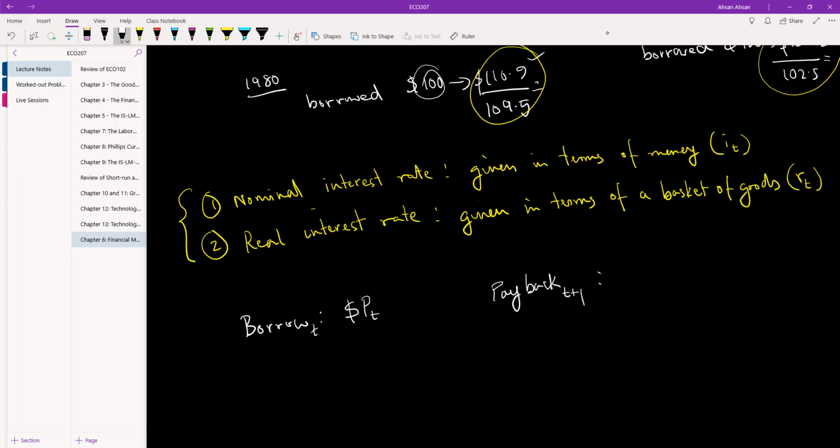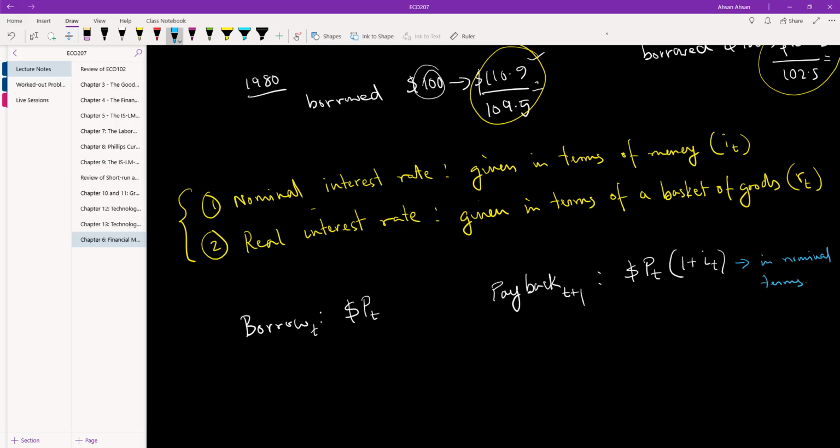How much will we have to pay back? That is equivalent to, this is the borrowed amount, times the interest that we would have to also pay, right? So this is it. And this is in nominal terms.